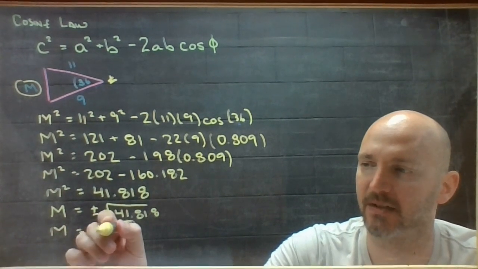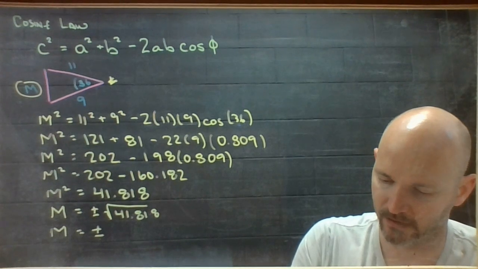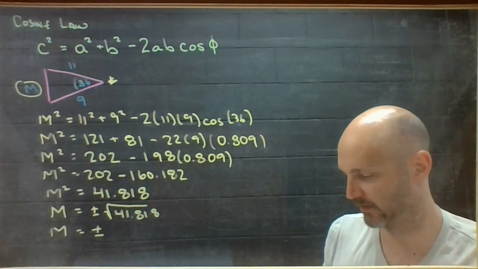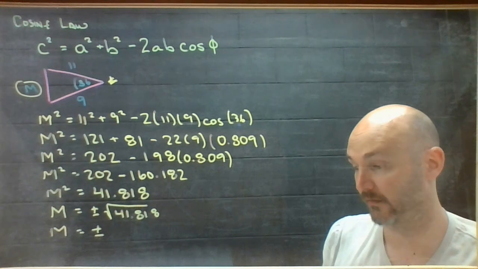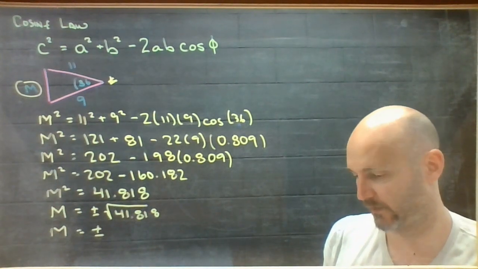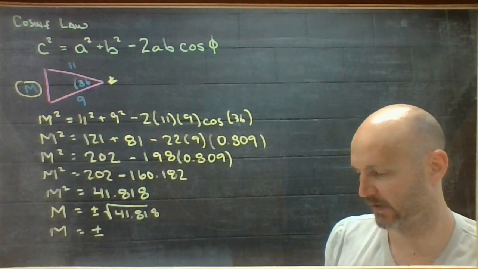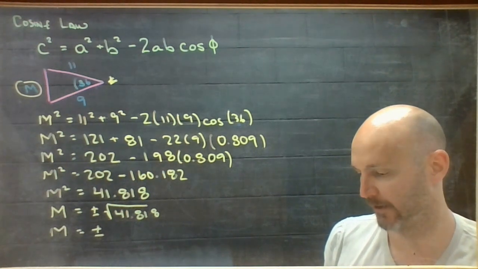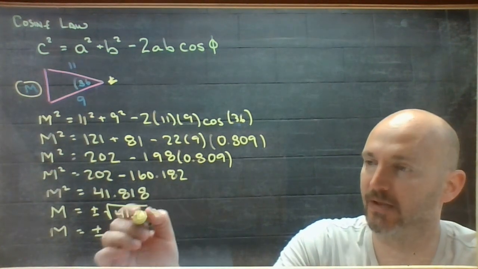So m is plus or minus square root of 41.818, which is 6.47.